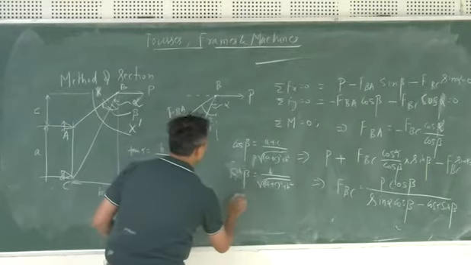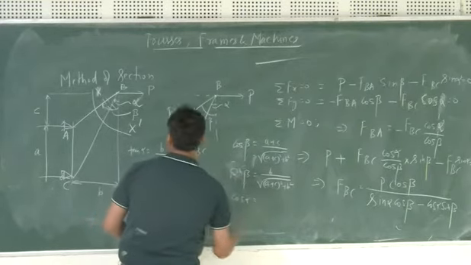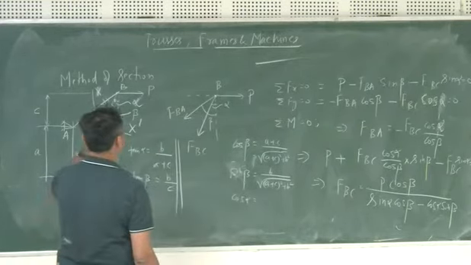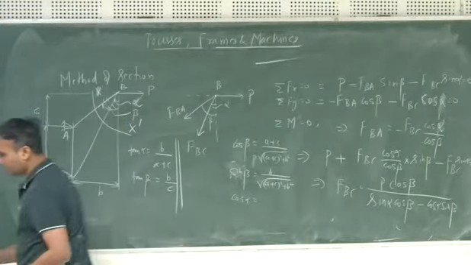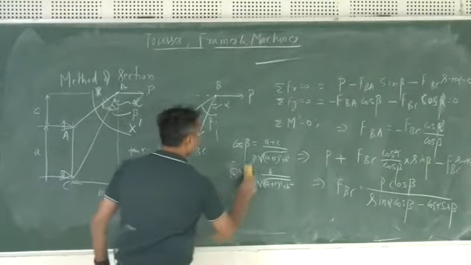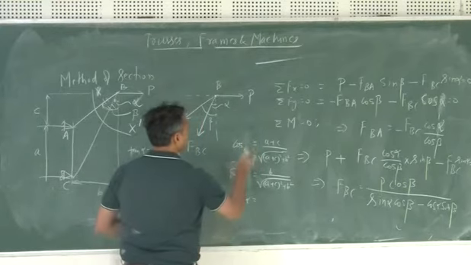And similarly, you can write down cos alpha, not beta.